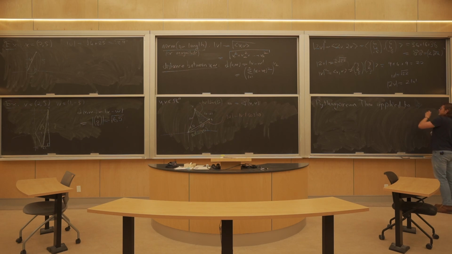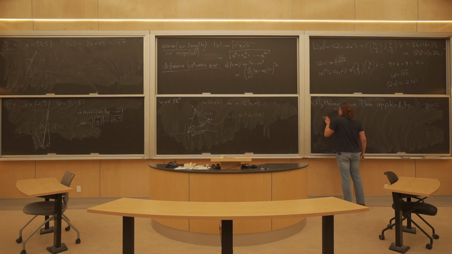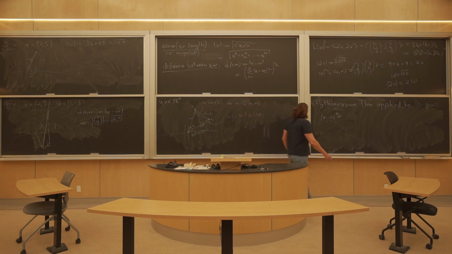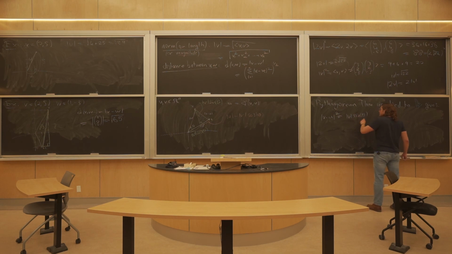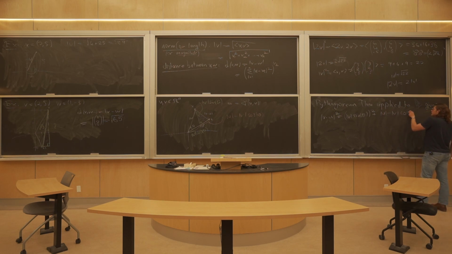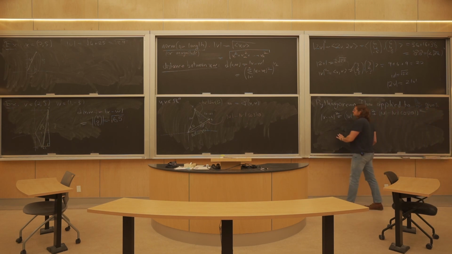This 90-degree triangle gives that u minus v norm squared, or v minus u norm squared, equals this squared plus this squared. Okay, let's open these up.